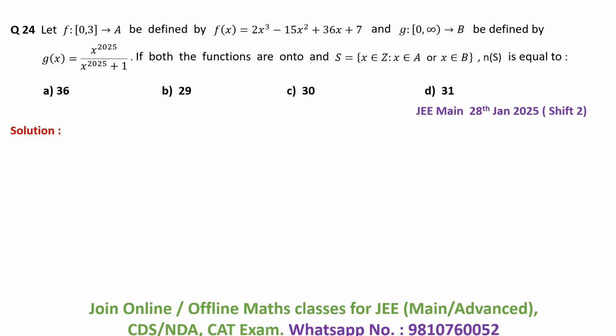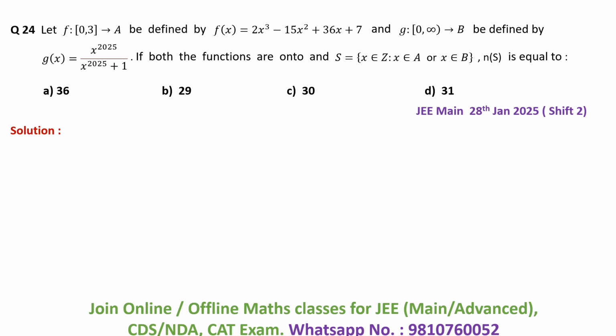If both the functions are onto and S is equal to the set containing x belonging to capital Z such that x belongs to capital A or x belongs to capital B, then n(S) is equal to. That means we have to find the total number of elements present in the set S.